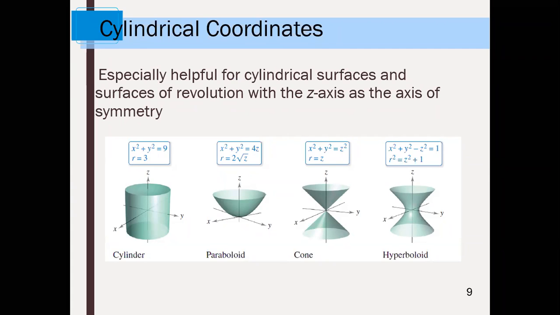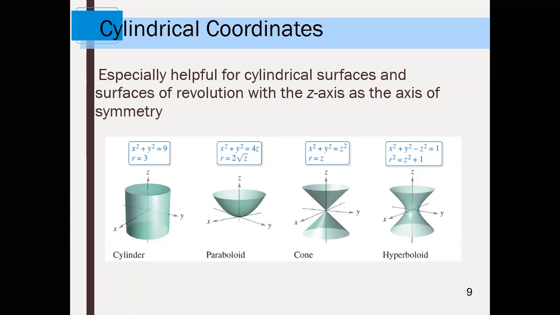So the right circular cylinder, x squared plus y squared equals 9. You simply replace x squared plus y squared with r squared, and you take the square root, and you see that this is really just given by r equal to 3. r equal to 3 sketches out everything at radius 3 away from the origin in the xy plane, and z is free, which is why it smears out that right circular cylinder.